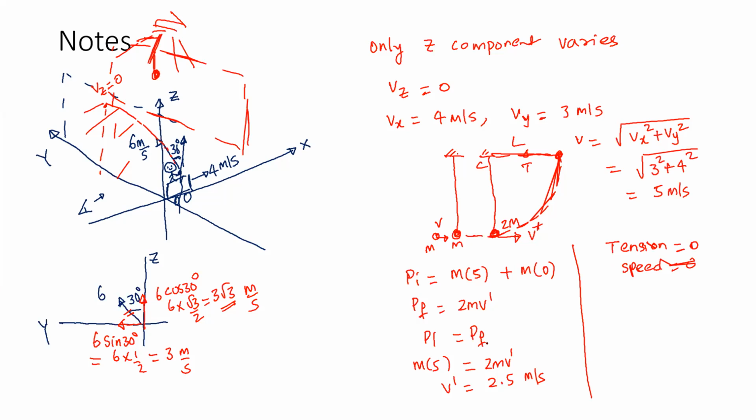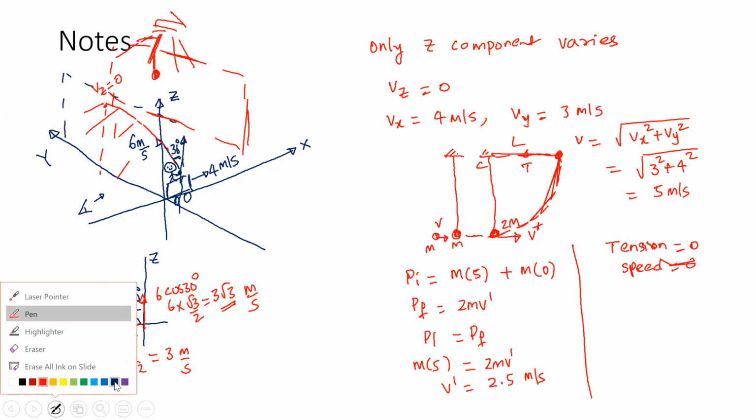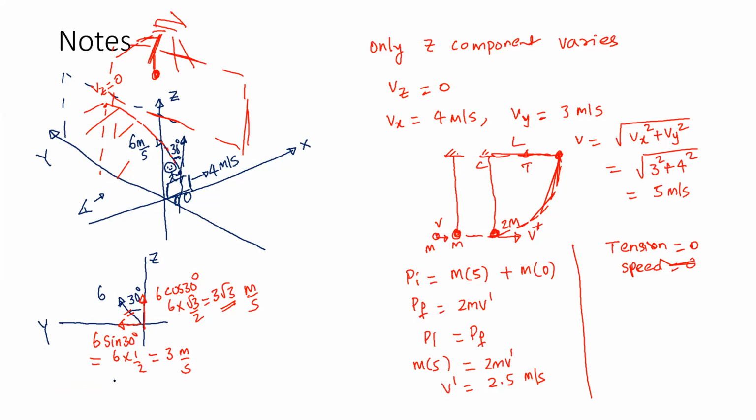Okay, now the last thing that you need to use here is energy conservation. Again, I will teach this when we discuss work power energy. Right now, understand that if you have a force which is at right angles to the movement of the particle, that force will not do work, because the way the work done by a force is calculated is you have to have displacement in the direction of the force.